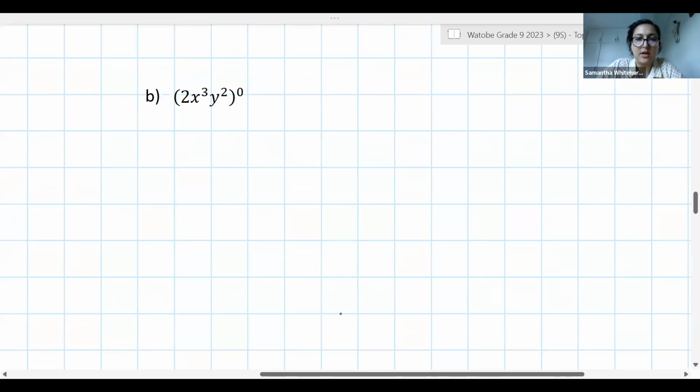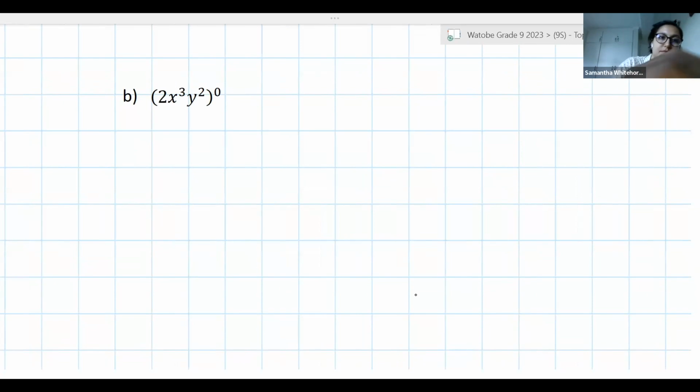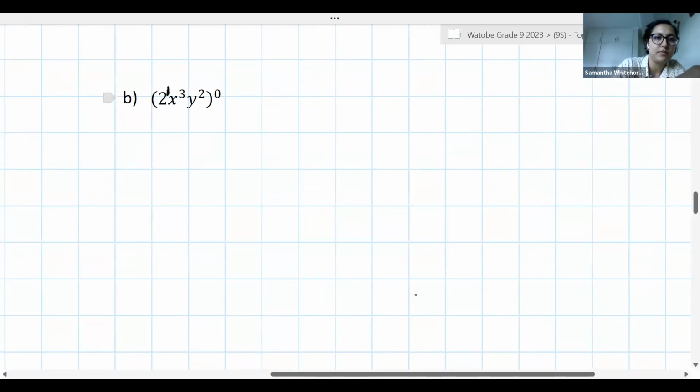Okay, and so I was saying, do you want to help me with B here? Yes, ma'am. Okay, tell me. So what I did was I first said that the 0 outside the brackets times the 1 in front of the 2, like the exponent, which is 1, 1 times 0, gave me 0.